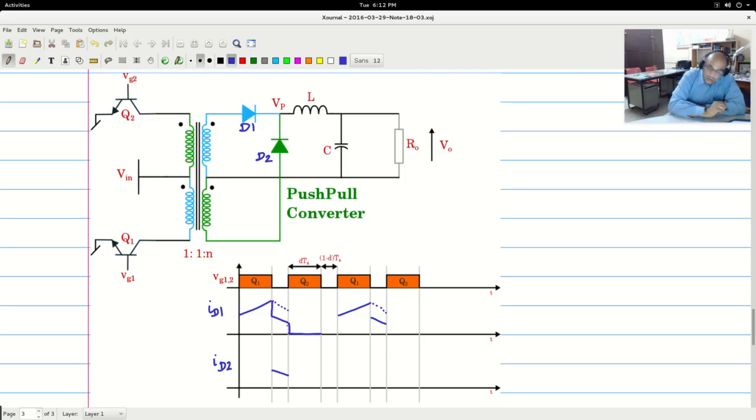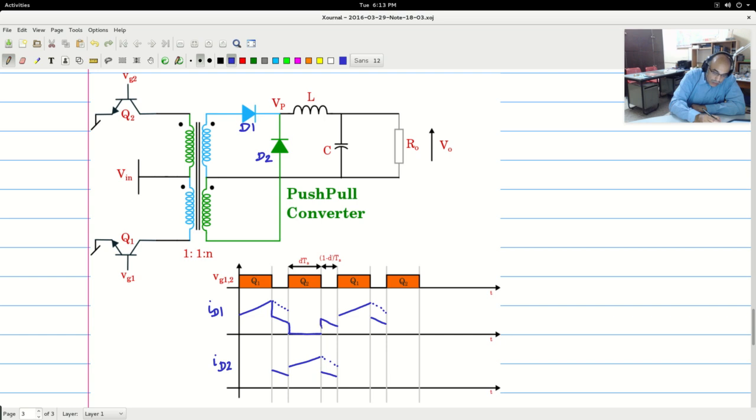It goes, and during the time when Q2 is on, you see that the current goes like this, and half of it only will flow through this, and the other half will flow through the D1 diode. So half and half will be shared during the time when both are off.